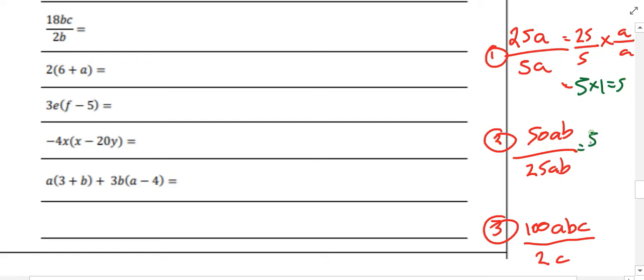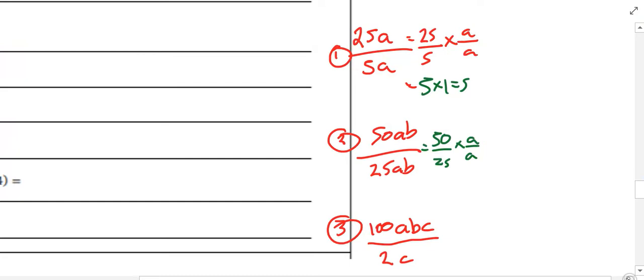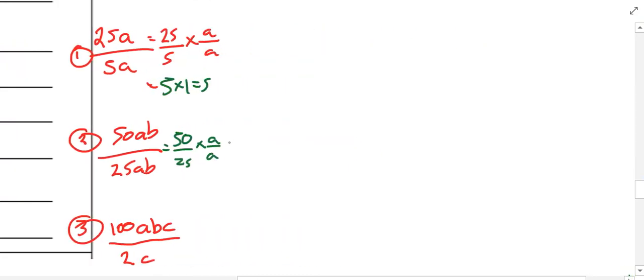Let's separate these. 50 over 25 times A over A multiplied by B over B. Well, 50 divided by 25 is 2. A divided by A is 1. B divided by B is 1. So that just gives 2.